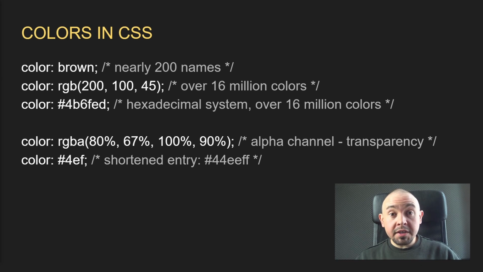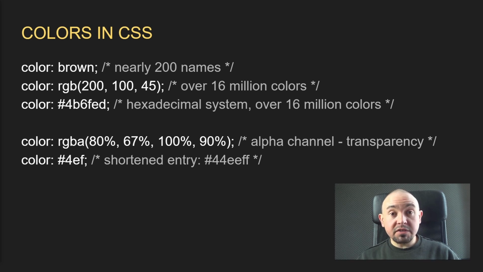Another way of writing the color value is the hexadecimal system. It offers the same possibilities as the RGB function. However, it requires the knowledge of what the hexadecimal system is in order to be able to use such a notation. I'll tell us more about the hexadecimal system in this video. For now, know that we use 16 numbers to write in this system, but we only use the digits from 0 to 9.